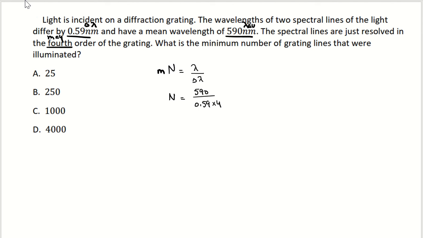I'm not going to convert from nanometers to meters because it's going to cancel out in either case. If I remove the decimal places, 3 decimal places, it's times 10 to the power of minus 3 times 4, and the answer is 0.25 times 10 to the power of 3. Moving the decimal place 3 places, it ends up as 250.